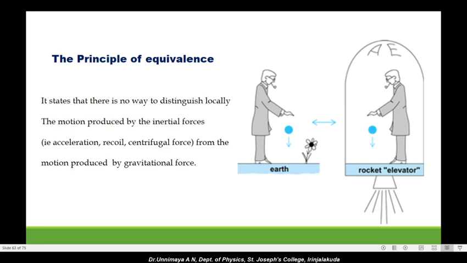That means the motion produced due to inertial forces such as acceleration, recoil, centrifugal force cannot be distinguished from the motion produced by gravitational force, which means that the motion produced by inertial forces is almost equal to the motion produced by gravitational force.